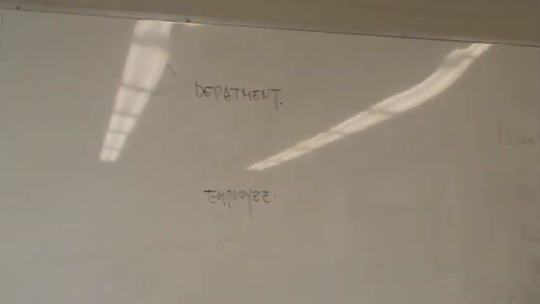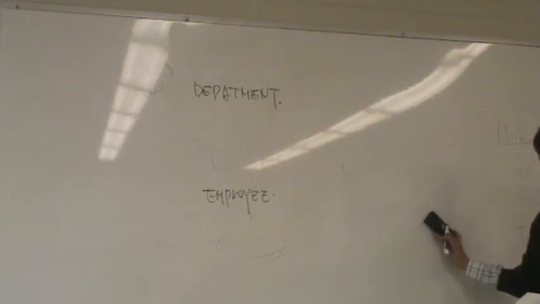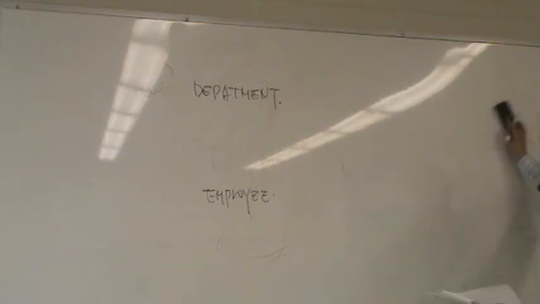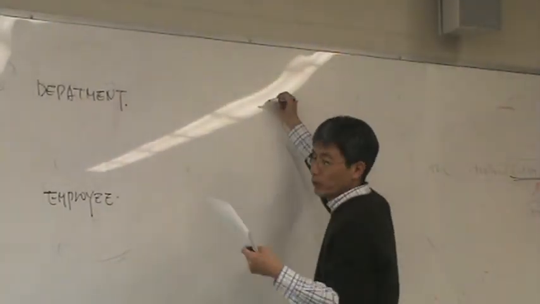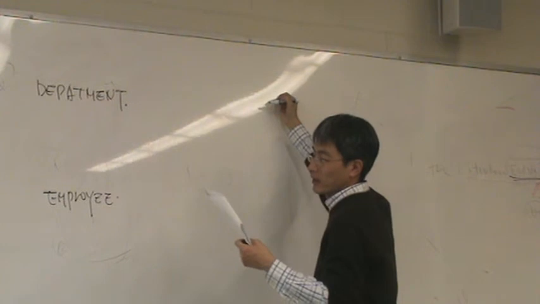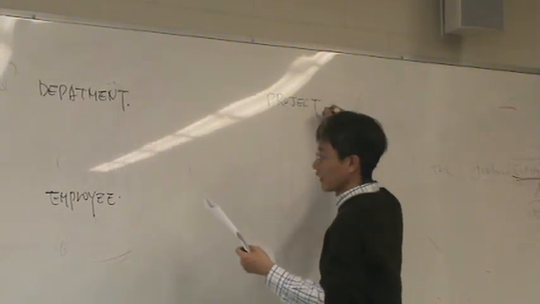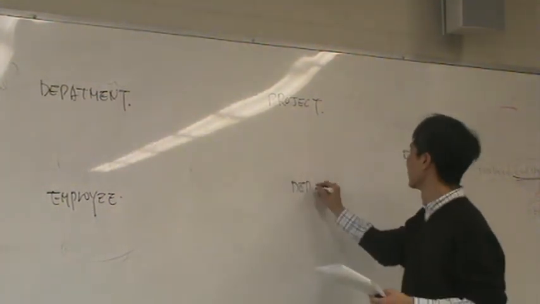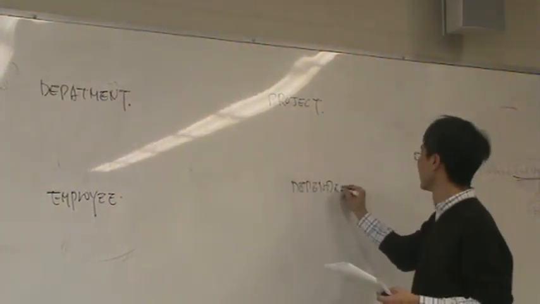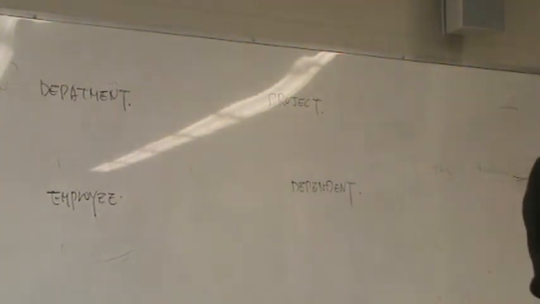What else? Project. You already realize it's a capital letter, because this is the first step, I know. Not easy for those who never did database design. So project. And what else? Dependent. Are they all entity types?